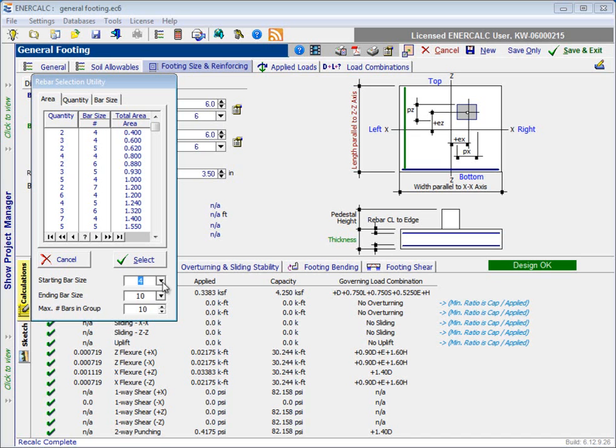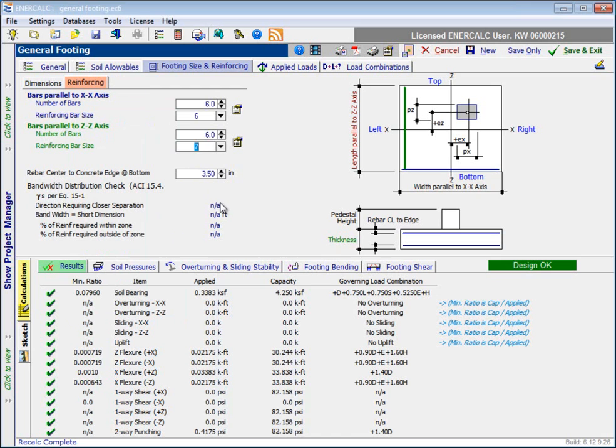And notice that the table is configurable, so you can select the starting bar size and the ending bar size, and then the maximum number of bars to include in the sets, and customize this little dialog as you see fit. And then there's even an option to select this number and size of bars if you wanted to do that. So there would be 6 number 7 bars from that table.